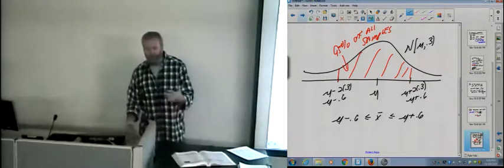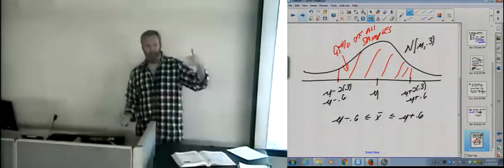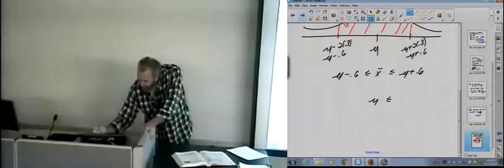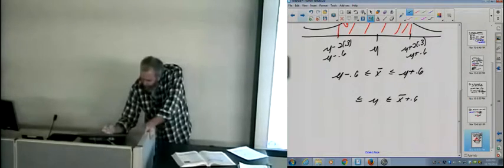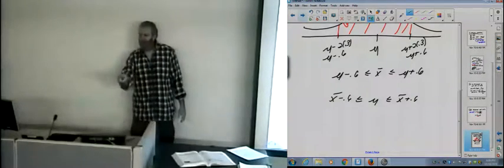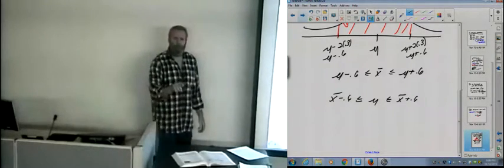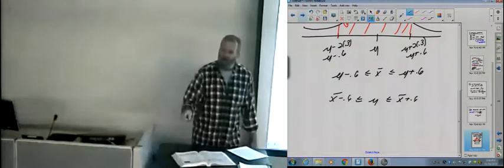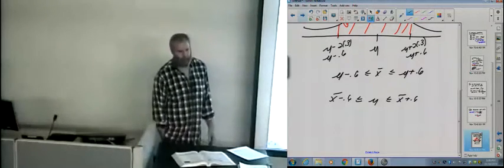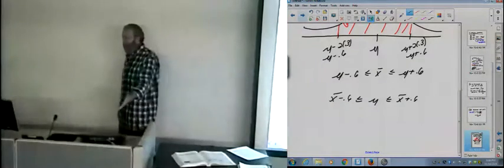In other words, that little flip-flop of language I just did about my house and the store really means this. If x bar is within 2 standard deviations of mu, then mu is within 2 standard deviations of x bar. Yeah? That's the only one where you have to think.